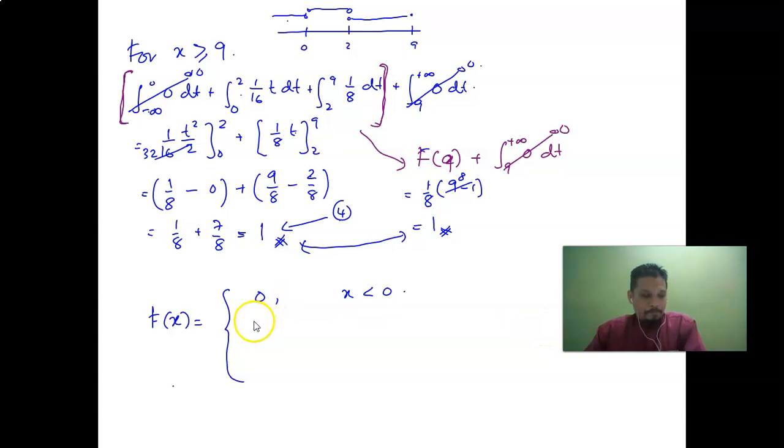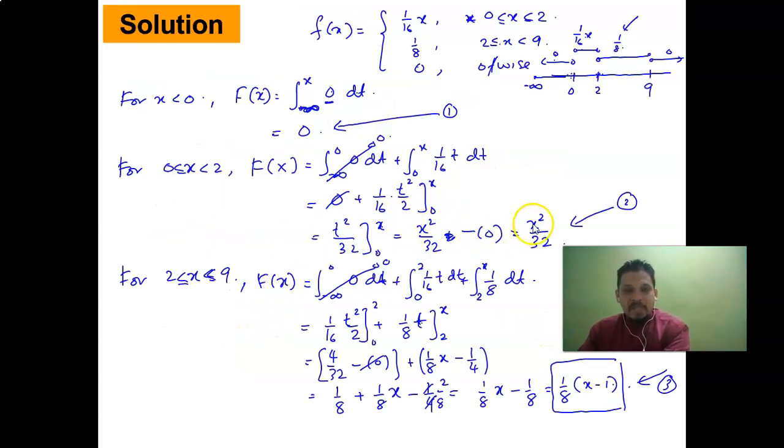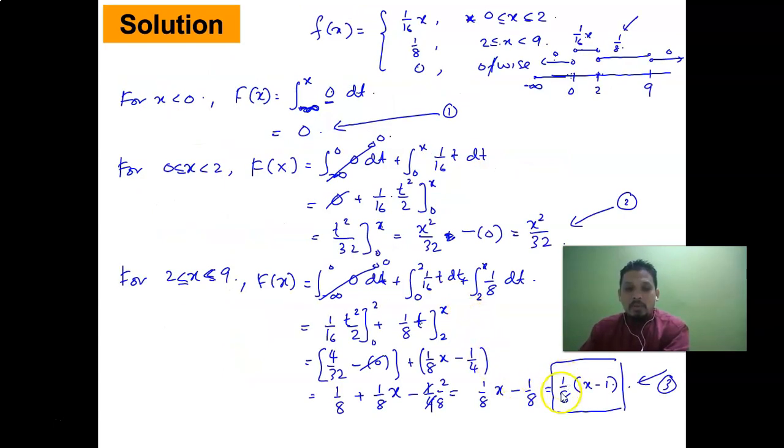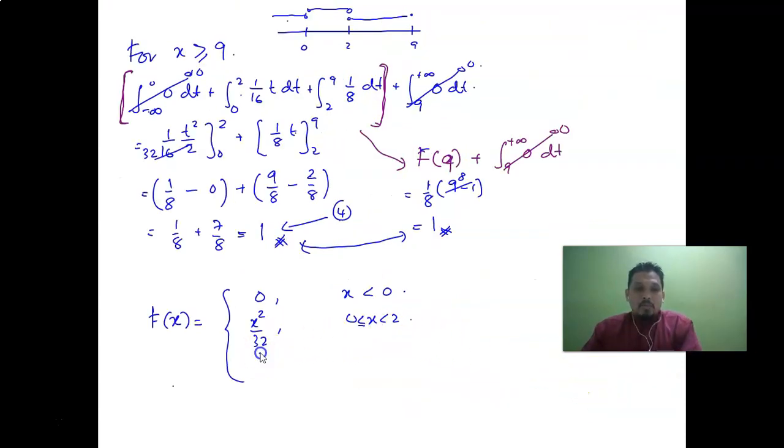The next is x squared over 32, for x in between 0 until 2. Then 1 over 8 multiplied with x minus 1, for x lying in between 2 until 9. And finally, it is equal to 1 for x greater than or equal to 9.